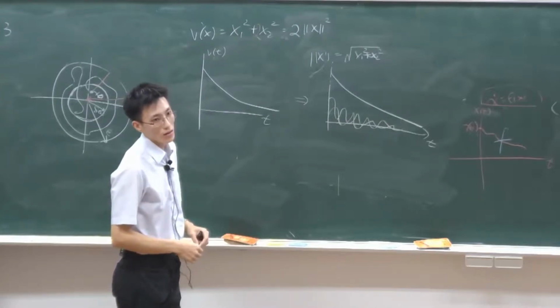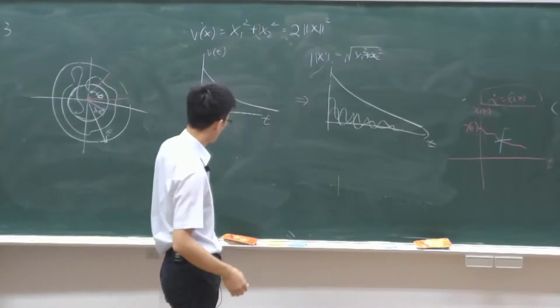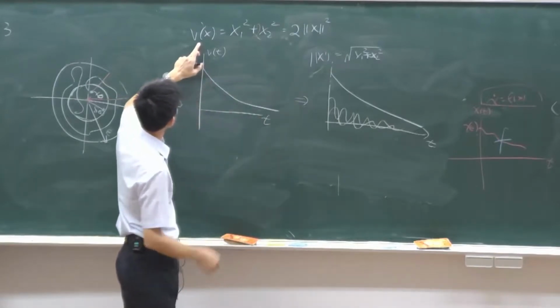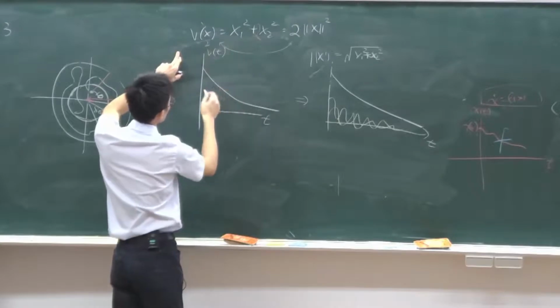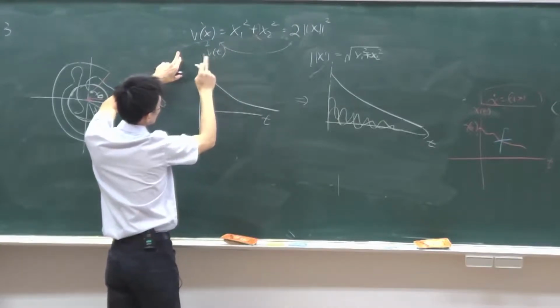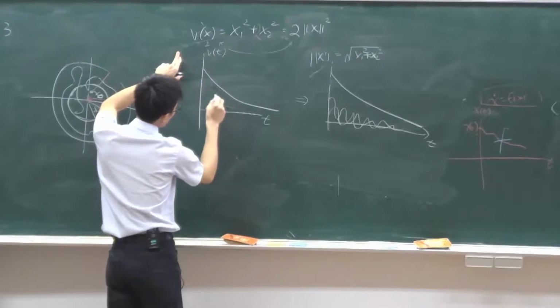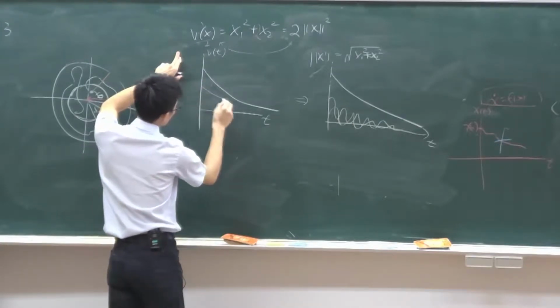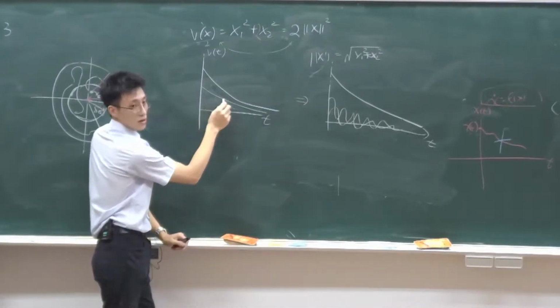Okay, 懂吗? So you put 2 here, then you divide V by 2. You move 2 to here. So this half the value of V will be the upper bound of the x norm.